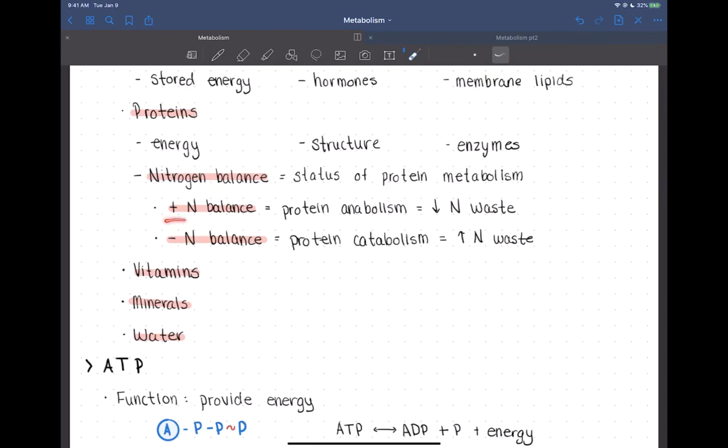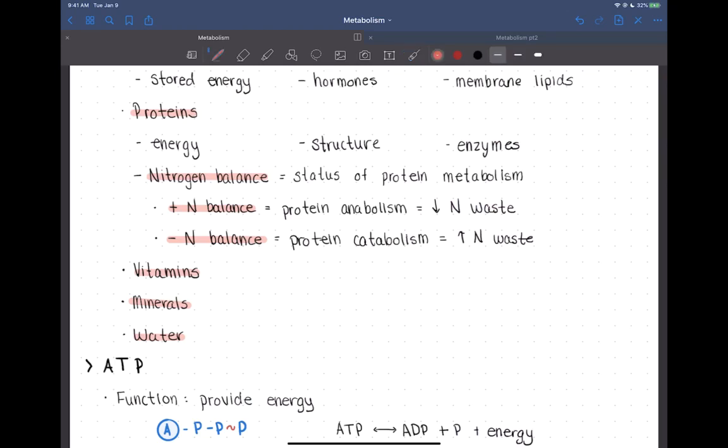If you have a positive nitrogen balance, that means protein anabolism is going on, so we're building proteins, putting them together. We're going to have less nitrogen waste in that case. If you have a negative nitrogen balance, proteins would be broken down, and that would increase the amount of nitrogen waste. We'll talk about what that nitrogen waste is in the second video.